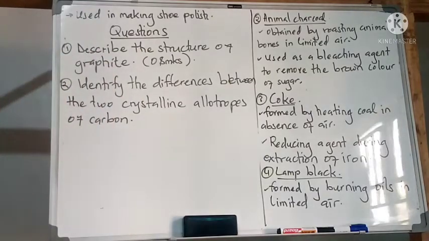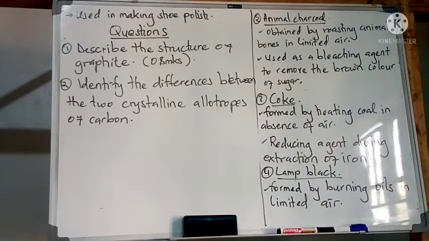Can you state the differences between the two crystalline forms of carbon? Are you in a position to describe the structure of graphite? And can you name any other three elements that show allotropy apart from carbon?